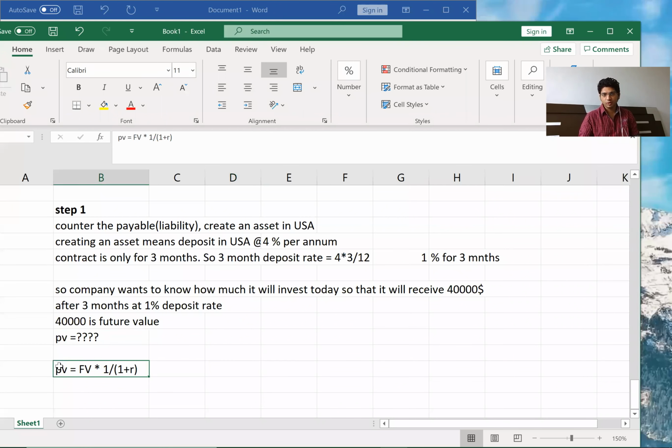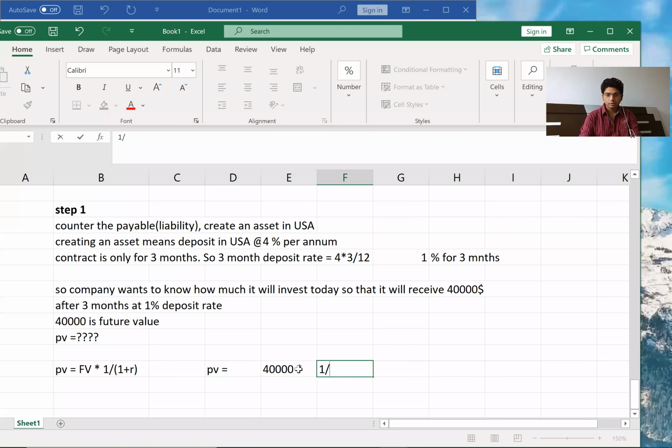And the present value formula, you already know: present value equal to future value into 1 upon 1 plus r. So now present value equal to, what is the future value? 40,000 into 1 upon 1 plus r. What is my r?